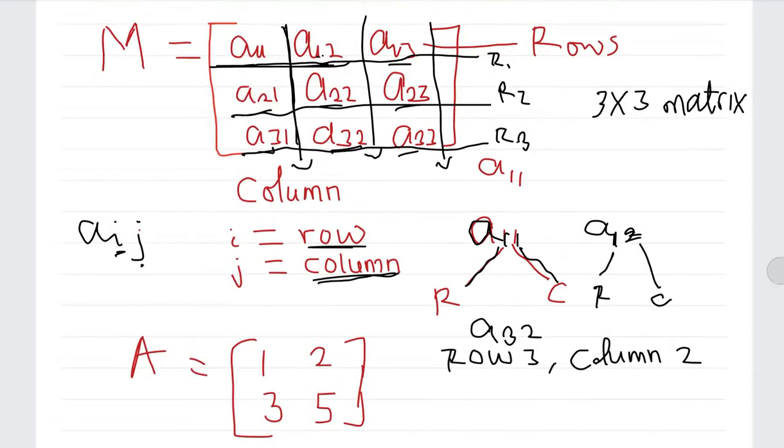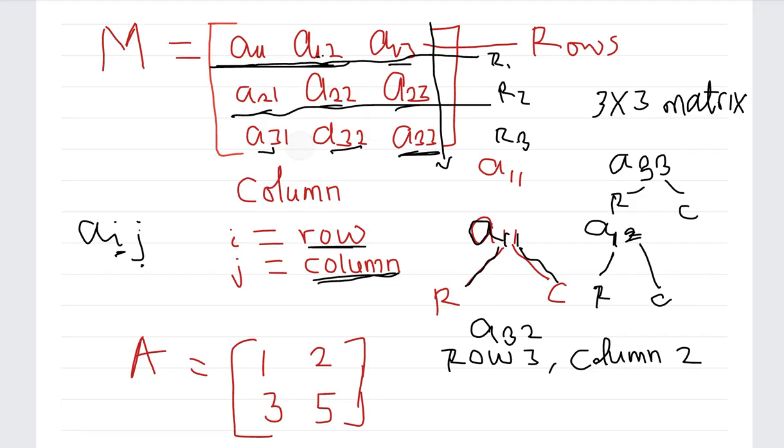So what if I have something like A33? That would be row 3, column 3. That's why you can see it here, it's under row 3 and in column 3. So that is another thing that you must know about matrices. Are you following that now?